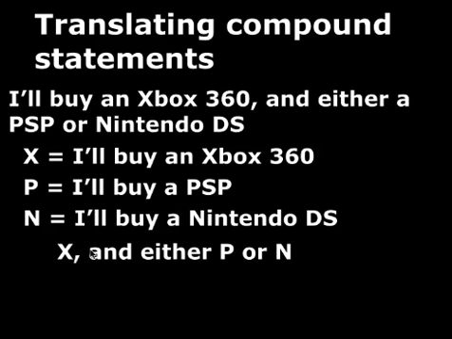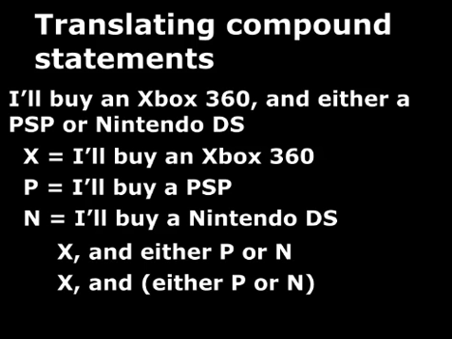So we're left with X and either P or N. Well, the comma is next to the and, so that's telling me that this conjunction is the main operator. This whole sentence is a conjunction. The first conjunct is X. The second conjunct is this disjunction here. So I'm going to put parentheses around this to make it a little clearer.